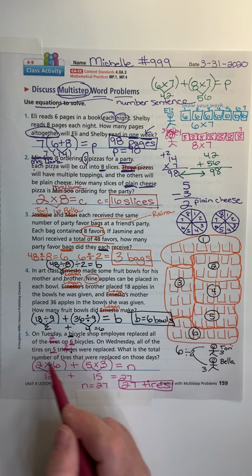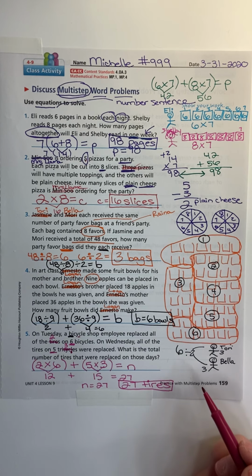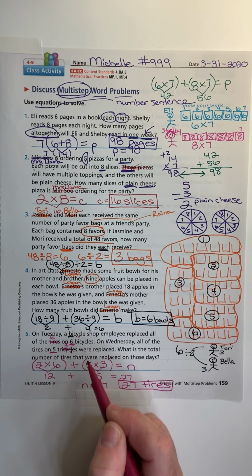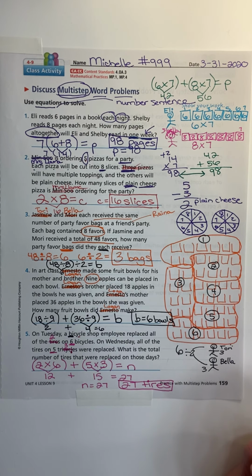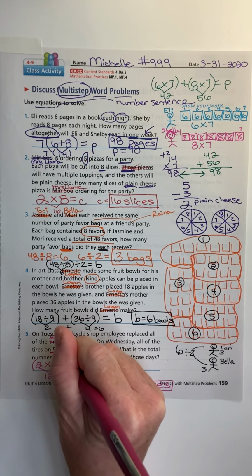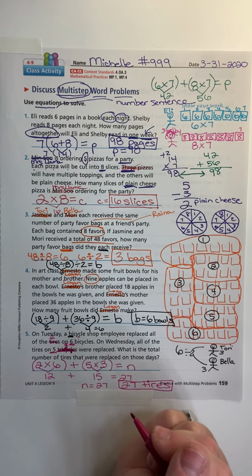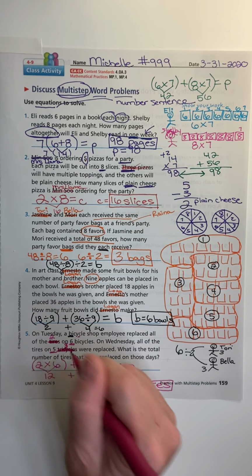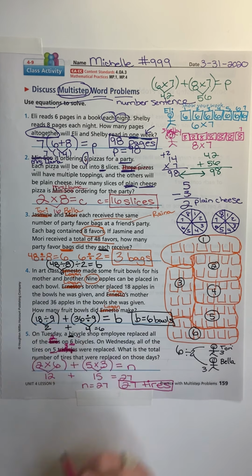So you have to read this very, very carefully and really circle or underline the important information. In this case, I crossed out tricycles and I just put the 3 tires. And I crossed out the tires here and I put 2 because a bicycle has 2 tires. So then that way I didn't get tricked up.